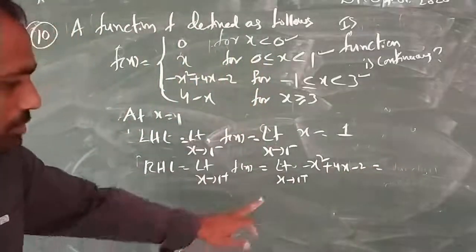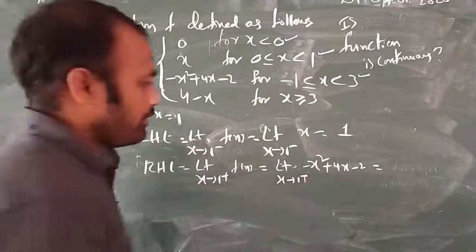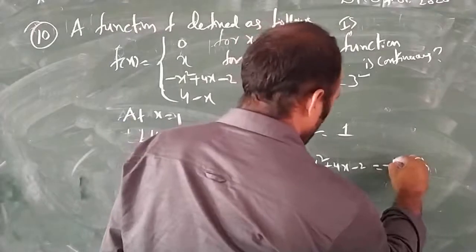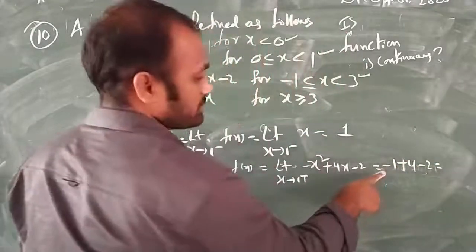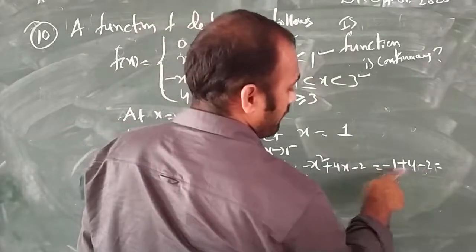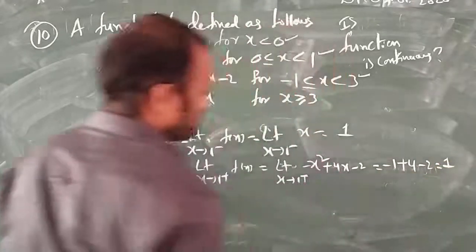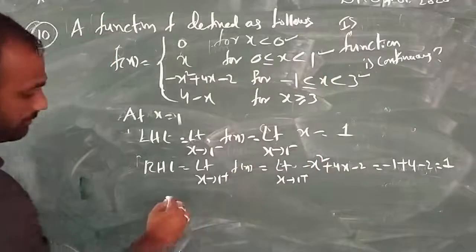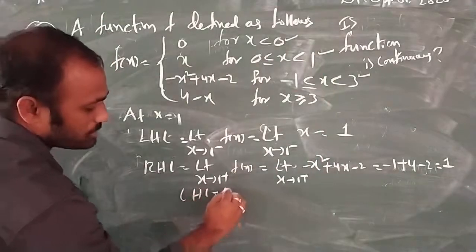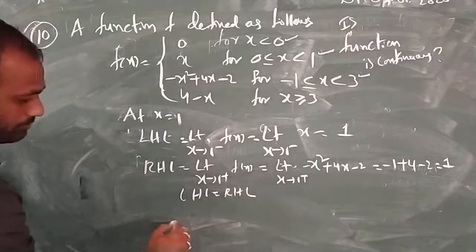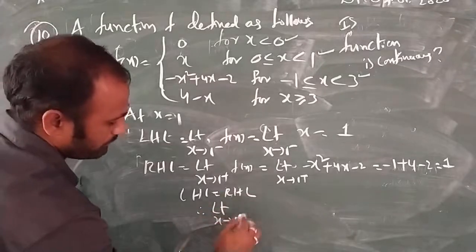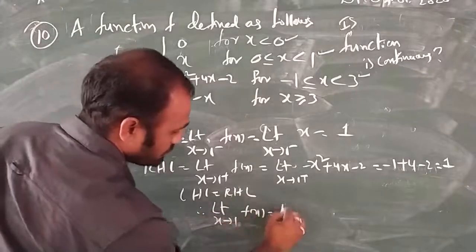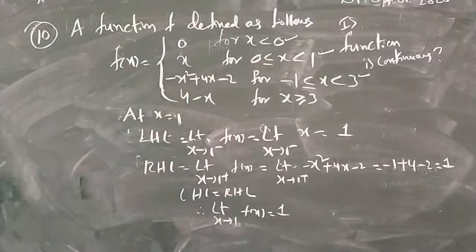If I substitute 1, we get minus 1 plus 4 minus 2, that is minus 3 plus 4 which is 1. So the left hand limit is equal to the right hand limit, and the limit as x tends to 1 of f of x is equal to 1.